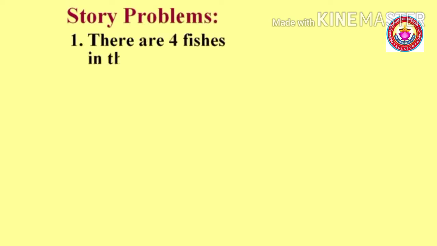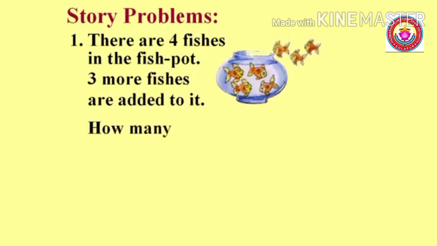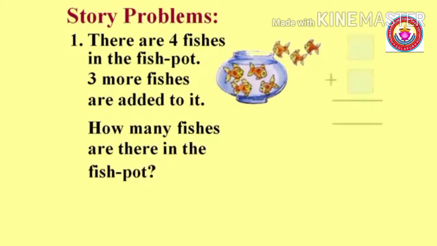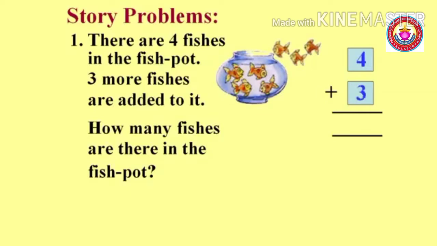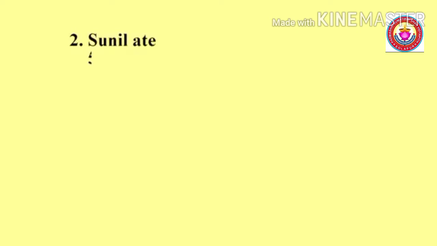There are 4 fishes in the fish pot. 3 more fishes are added into it. How many fishes are there in the pot? 4 plus 3 is equal to 7. Answer: there are 7 fishes in the fish pot.